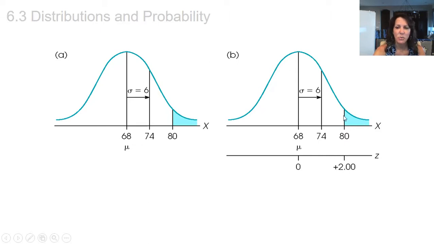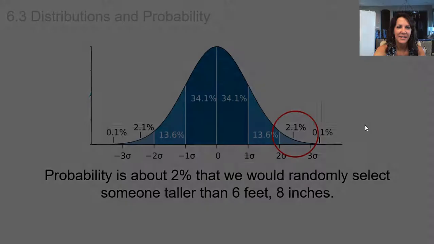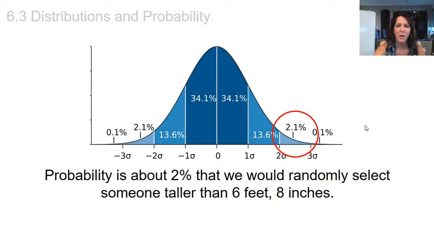So the chance of drawing somebody who is 80 inches or greater is about 2%. It's a pretty rare event. When we have events that are happening in these little tail areas, we consider them to be pretty rare. 2% is not very common, right? So that probability is about 2% that we would randomly select someone taller than 6 feet 8 inches.